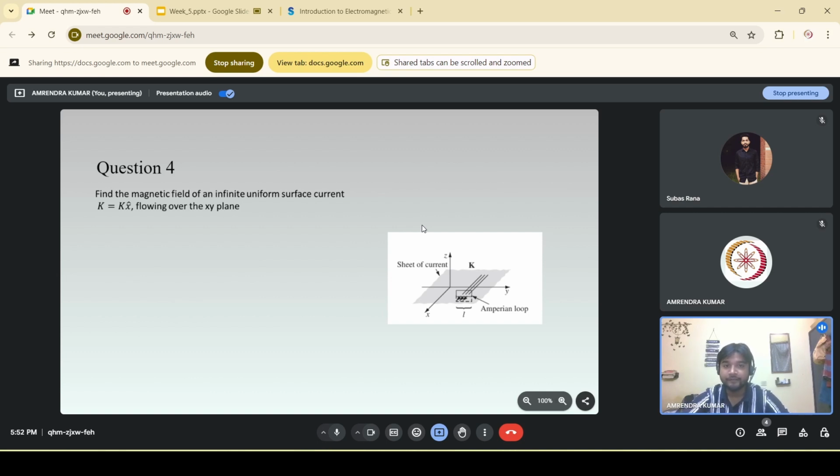So where we have a surface current, and the coordinate system is given. We have to draw that x, y, and z, and the surface current in the x direction. We have to draw the plane also.